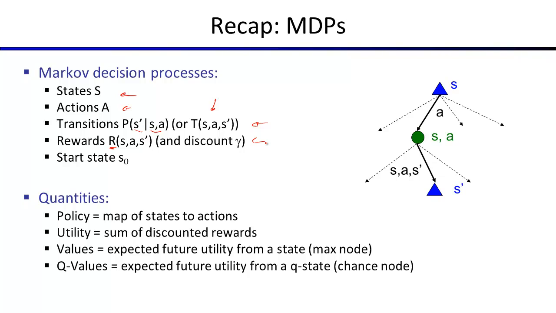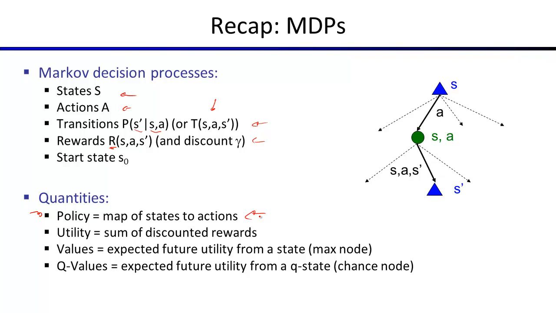The quantities we've looked at are, first of all, a policy. This is what we're after, the thing we want to find when we solve an MDP. It prescribes to us for every state what the right action is. If we have the optimal policy, then that will prescribe to us the optimal way to act in each state. Keep in mind that there are 2 types of policies. If our utilities are stationary, then the optimal policy will also be stationary, and that policy will just prescribe an action for each state.